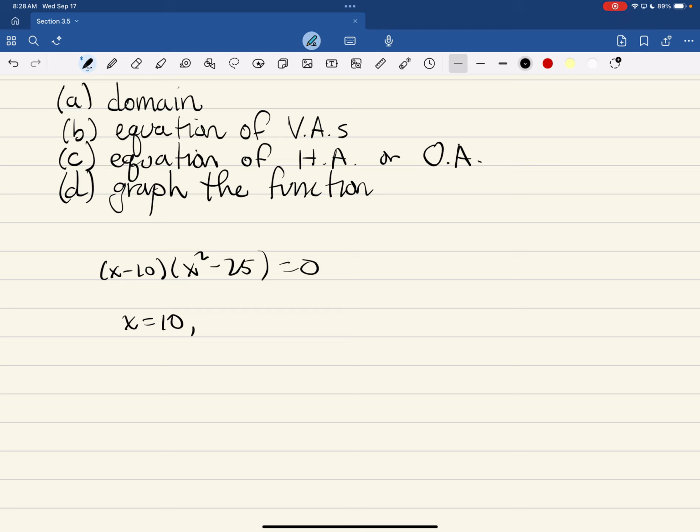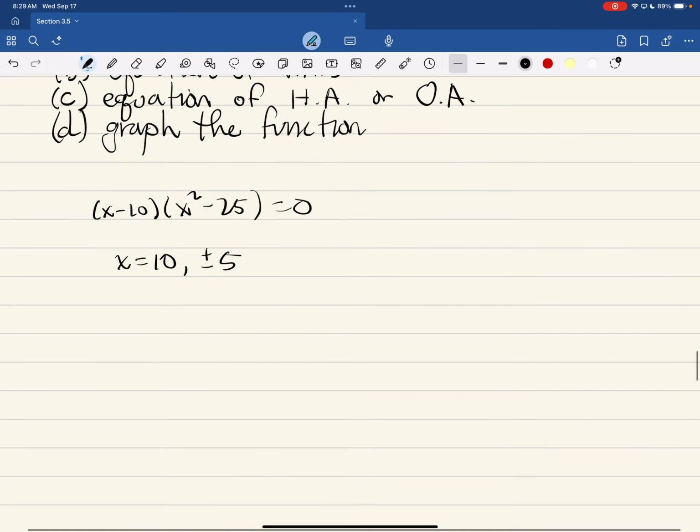X equals 5 or, yeah, so you would get 5 or negative 5 from this one. And so those are our three values. The numerator is never 0, so all three of these are going to be vertical asymptotes. Right, and so then we can say that the domain is all values of x except for those.